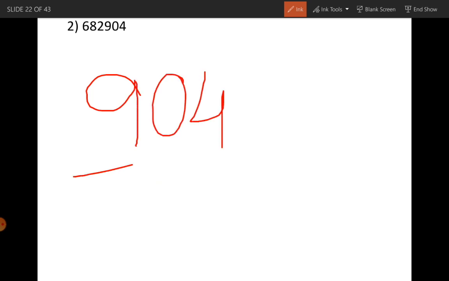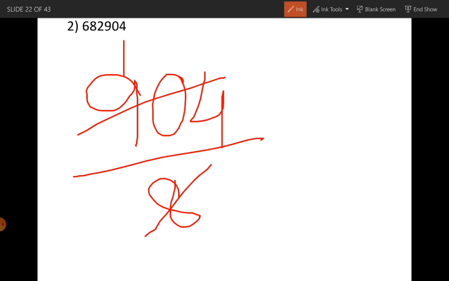And 6,82,904, we have to test for divisibility. The last three digits are 904. 904 divided by 8. 8 ones are 8, and the remaining is 10, again 8 ones, 2 3s.